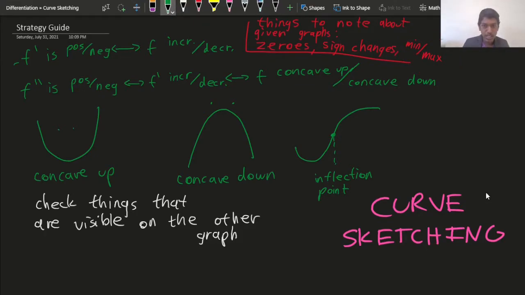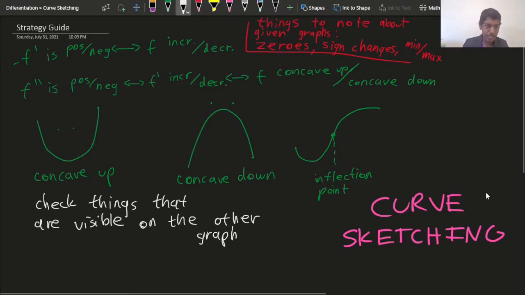These things you're going to want to look at in terms of f, f prime, and f double prime. The main thing is to make sure that you're checking things that are visible on the other graph. And this will probably make more sense when we get into problems.